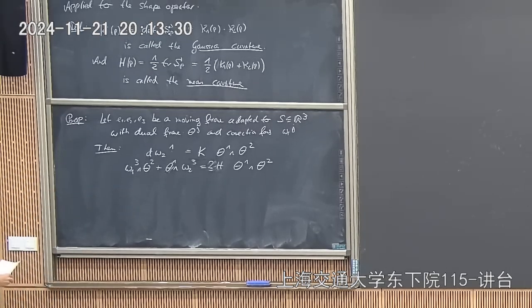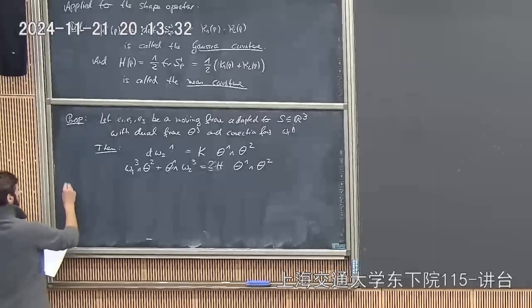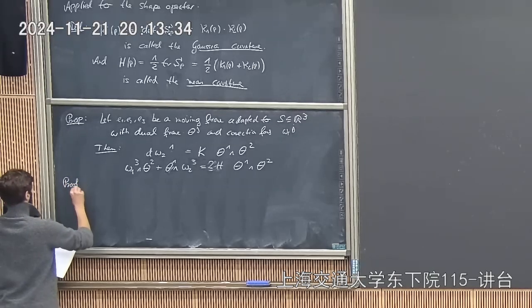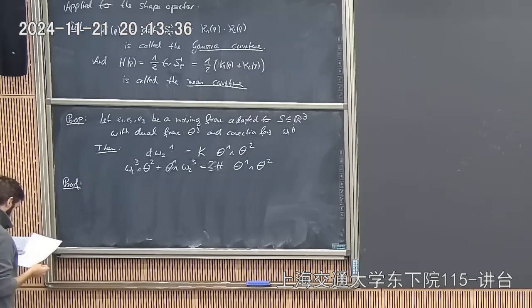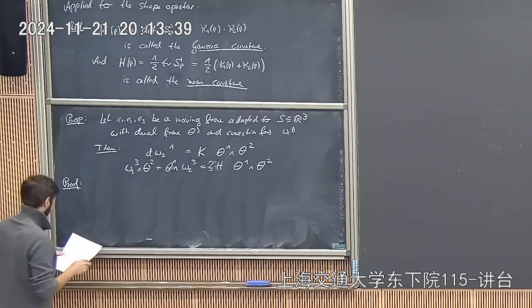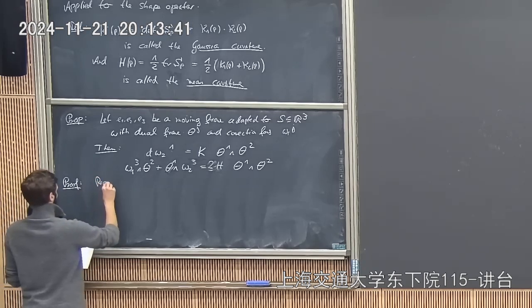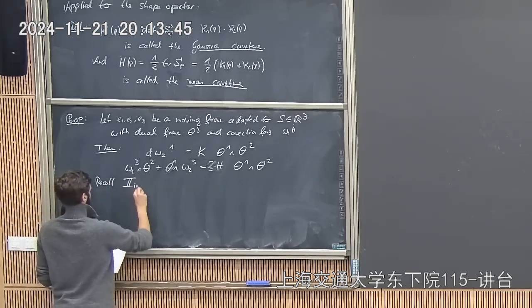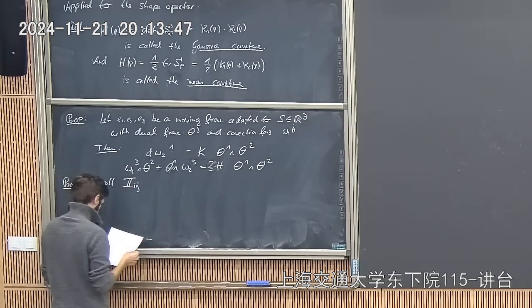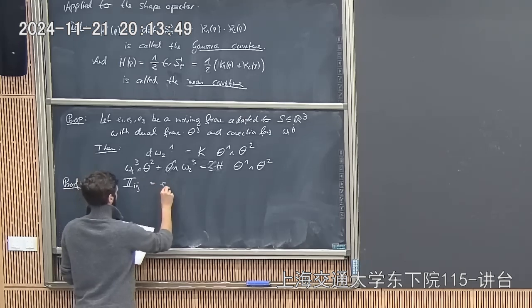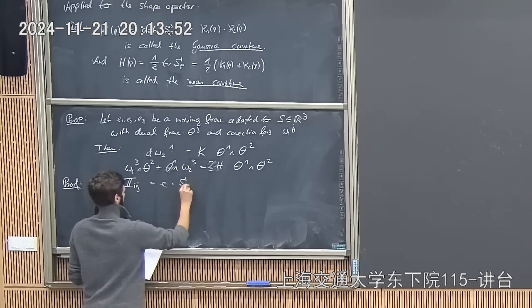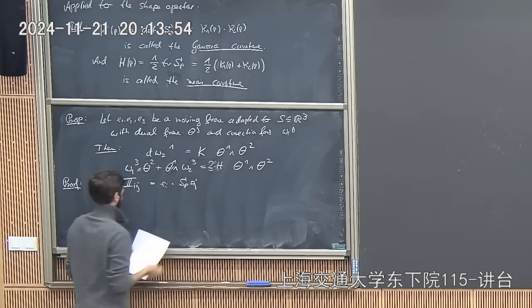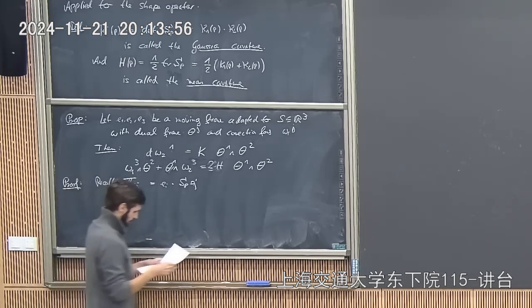The last few minutes consist of proving these equations. So first of all, we recall that the second fundamental form, the matrices for these ones, is given by this expression, which we have seen now multiple times.